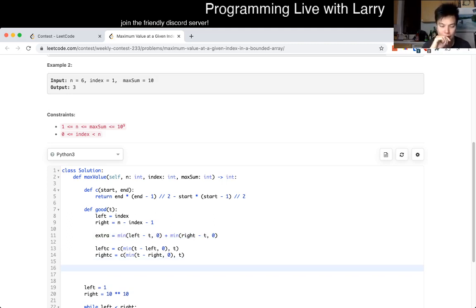I don't know, this is okay. So if left sum plus right sum plus extra, and I might be off by 1.